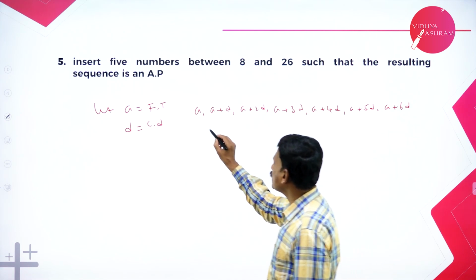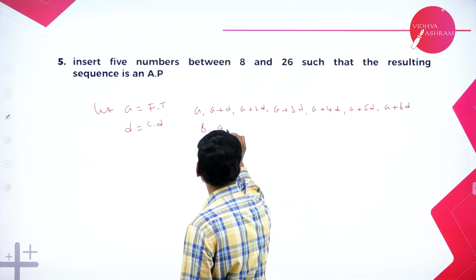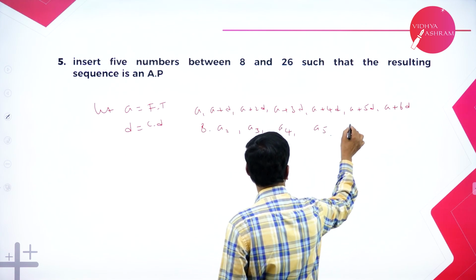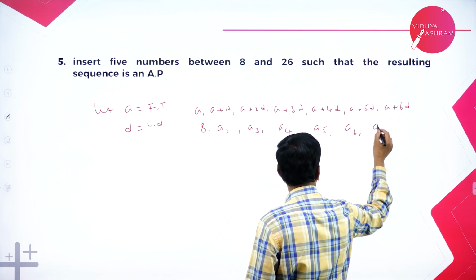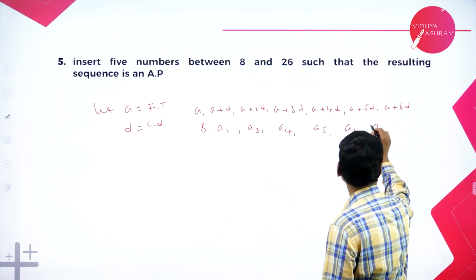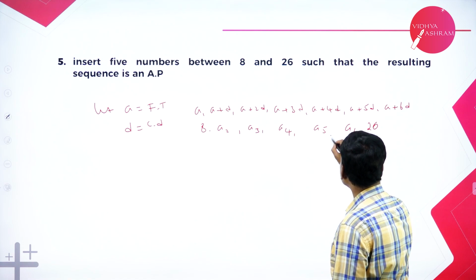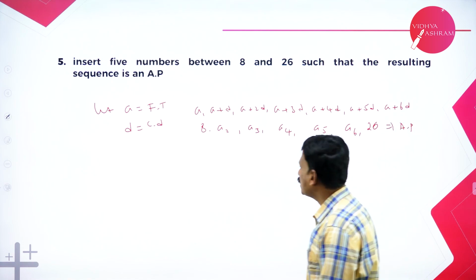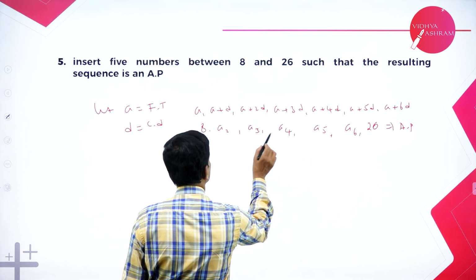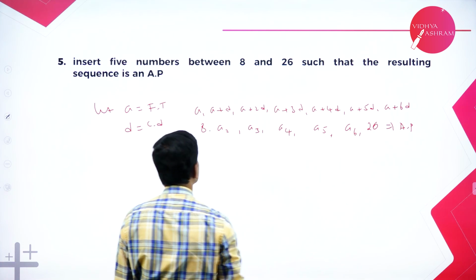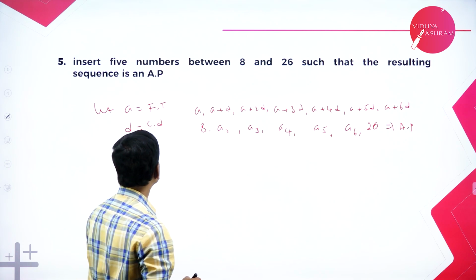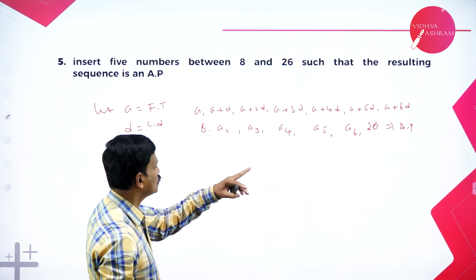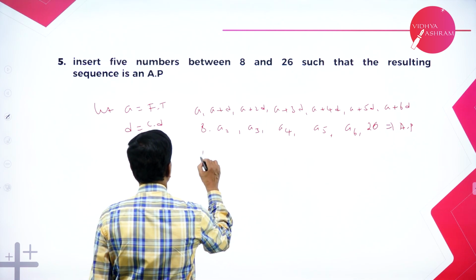So the first term is A1, then A2, A3, A4, A5, A6 and A7. A7 is 26, we know this. So this is an AP. How many terms are there? 1, 2, 3, 4, 5, 6, 7. Seven terms are there. So n is equal to 7.